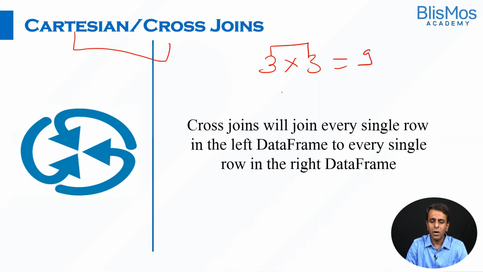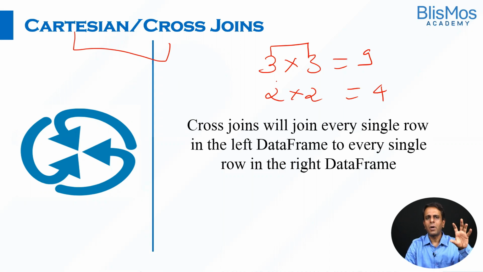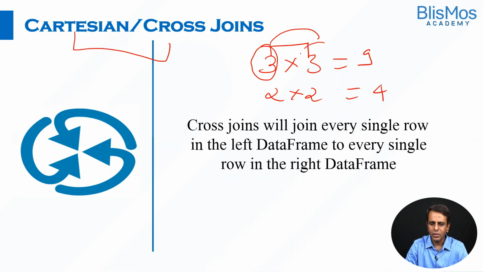Whenever we have some values in one set and another set of values in another set, and you want to get the Cartesian product of the two sets, it will be the number of values in one set into the number of values in the other set. That is what a Cartesian product is.